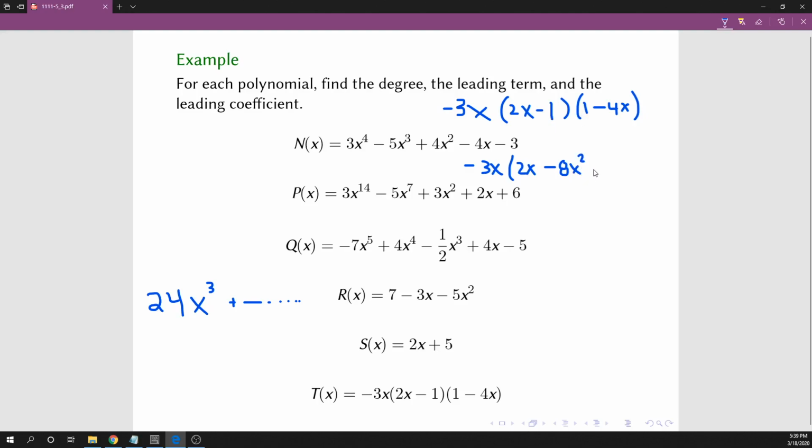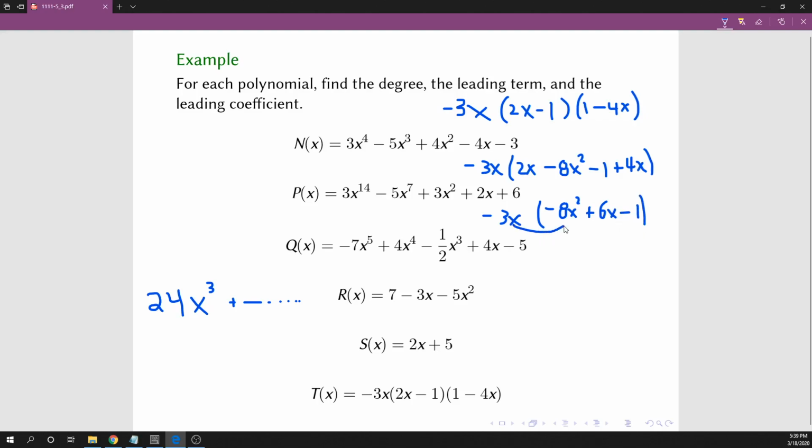Inner times inner is minus 1, and last times last is plus 4x. And then simplifying the inside here, I get minus 8x squared plus 6x minus 1.